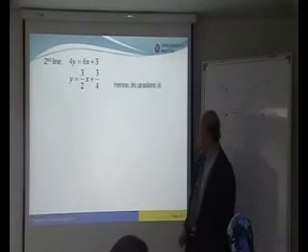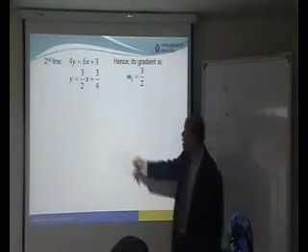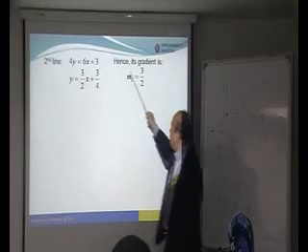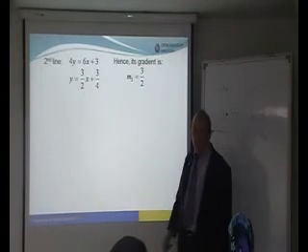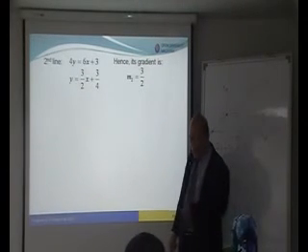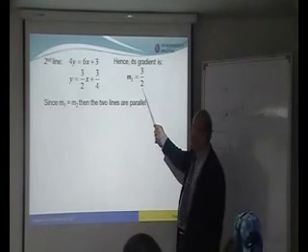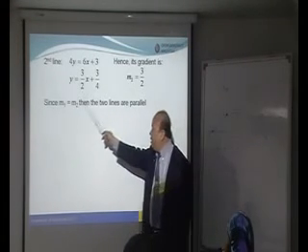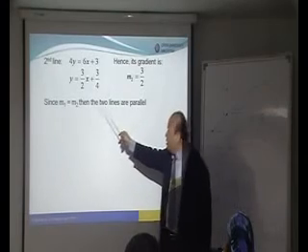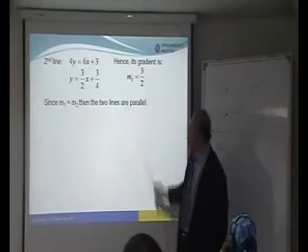Then you compare with y equals mx plus c. Then this m is equal to what? 3 over 2. Correct? So when we compare m1 and m2, m1 is 3 over 2, m2 also 3 over 2. So since m1 equals m2, then we say the two lines are parallel.